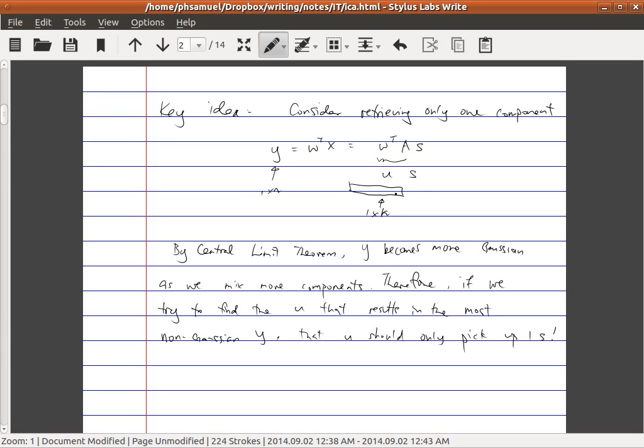So that's basically the idea, and that's why we need S to be non-Gaussian. If S is Gaussian, then this won't work, because to start with, we have something Gaussian already. There's no way we can make something as non-Gaussian as possible. Of course, if you have all of them Gaussian, then there's nothing you can do. If some of them are Gaussian and some non-Gaussian, then you can extract the non-Gaussian part out.